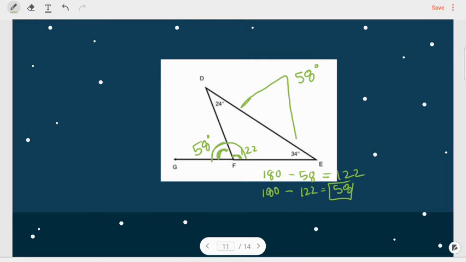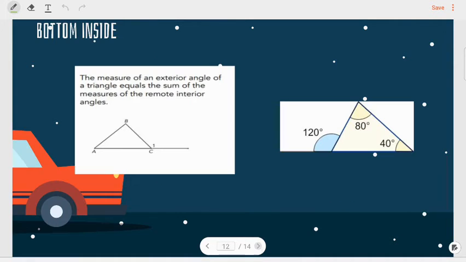And there we go, it matches what I added. My exterior angles are matching. So again, this illustrates it: the measure of my exterior angle, 120, is equal to the sum of my remote interior angles, so 80 plus 40.